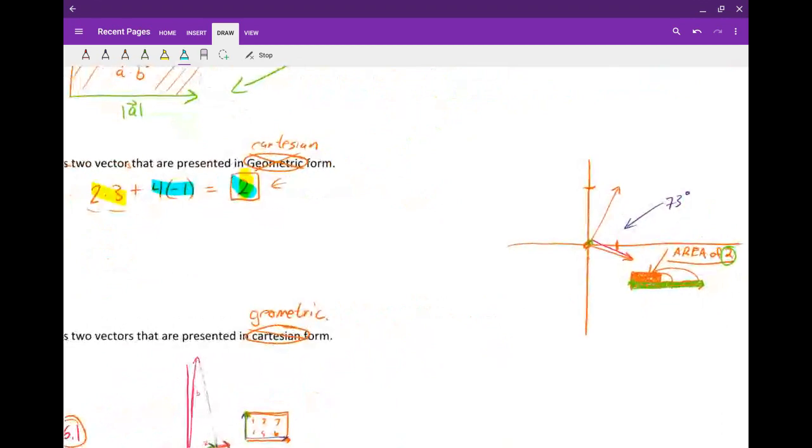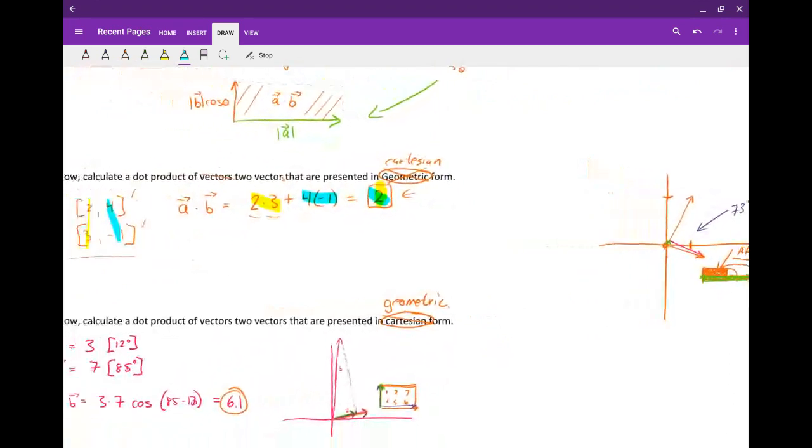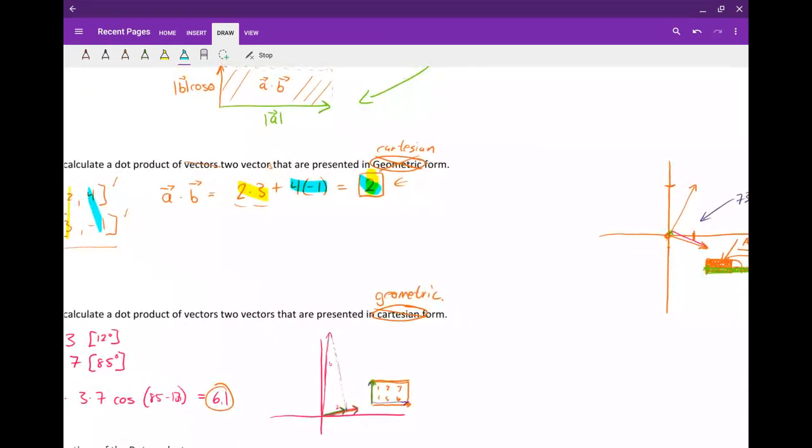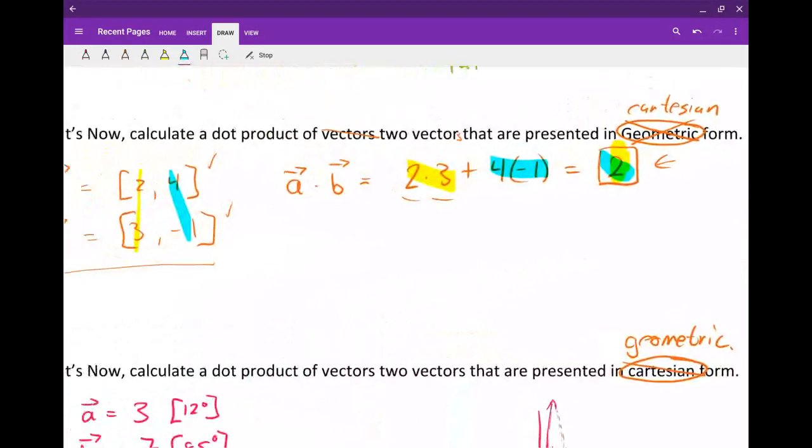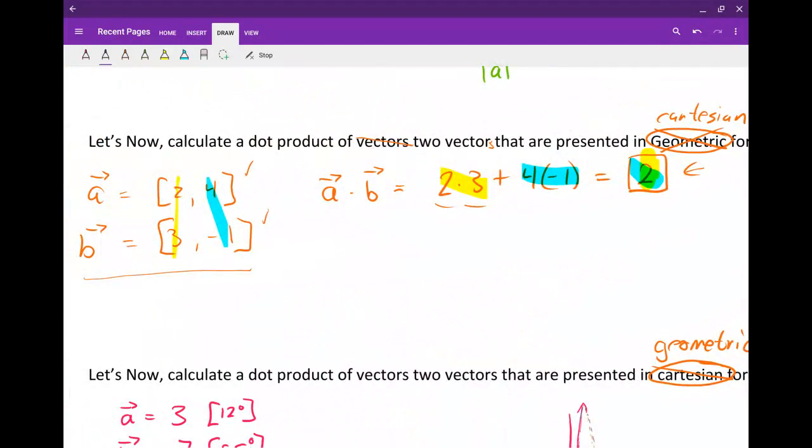I'm going to draw that out, perhaps right down here. Maybe I'll have enough space. So I'm going to start with (2, 4) and (3, -1). That's vector A. Oh, and I'm going to turn on grid lines here.